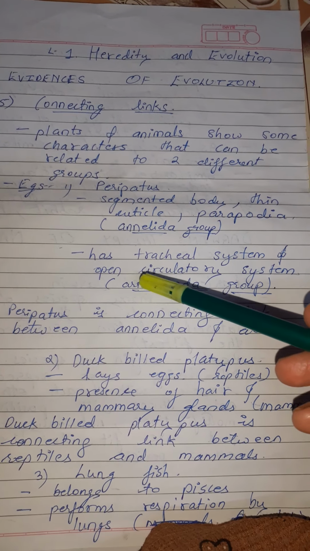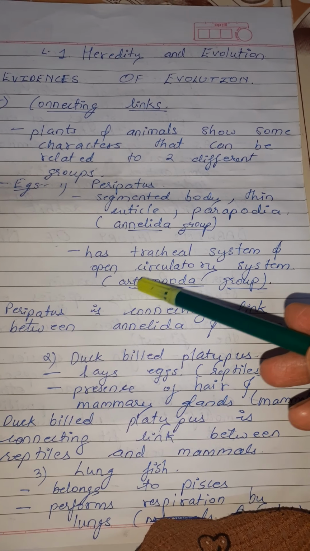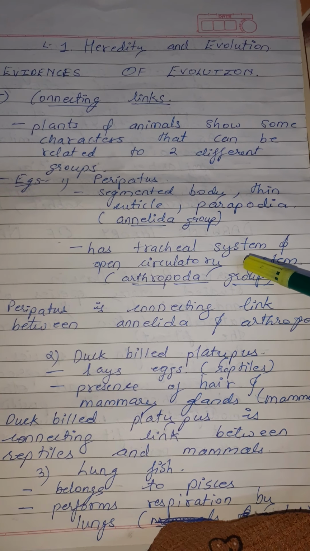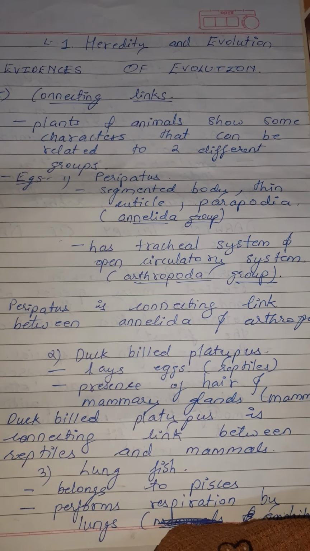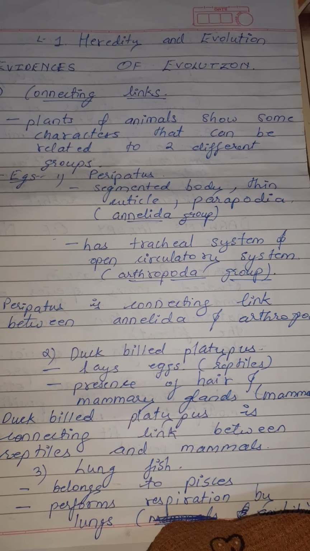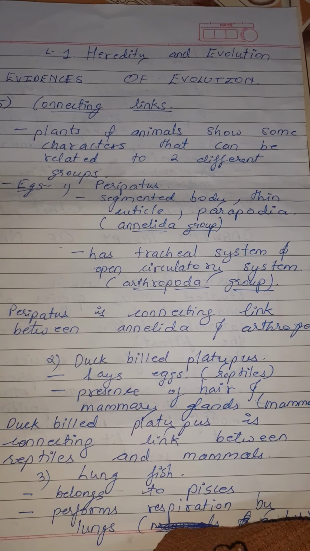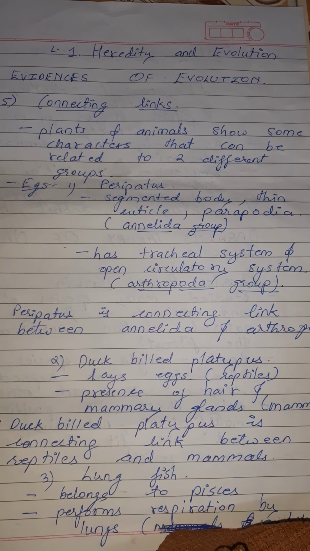Plus Peripatus also has a tracheal system, and it has an open circulatory system. Tracheal system means they have trachea through which they take in air and give out air, for respiration. It's a pipe-like, simple structure through which air can go in and go out.